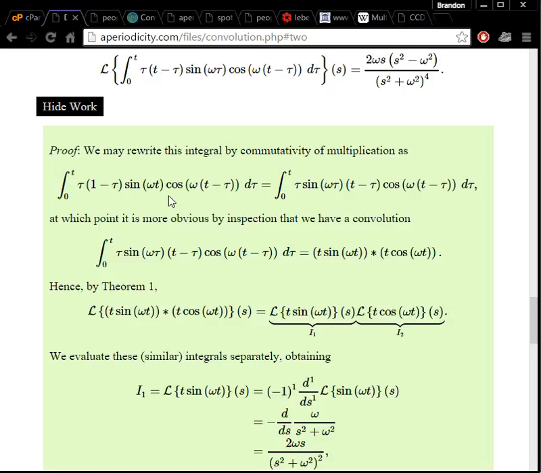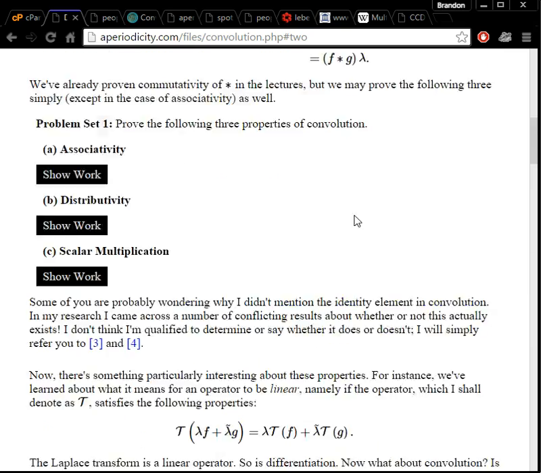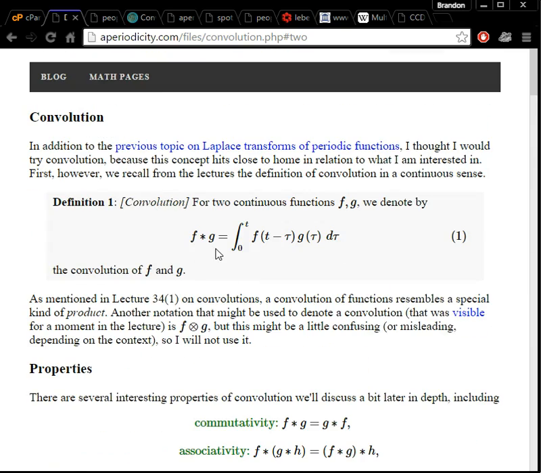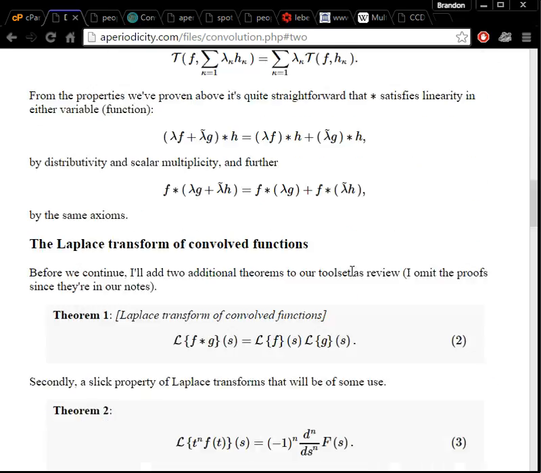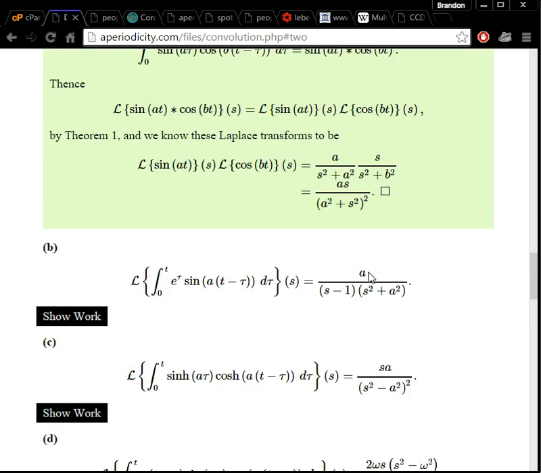We move this t minus tau over next to the cosine of omega t minus tau, and then this is all one function, and this is all one function. So this might be our g, and this t minus tau cos of omega t minus tau in definition 1 might be our f. I've just reversed it by commutativity.